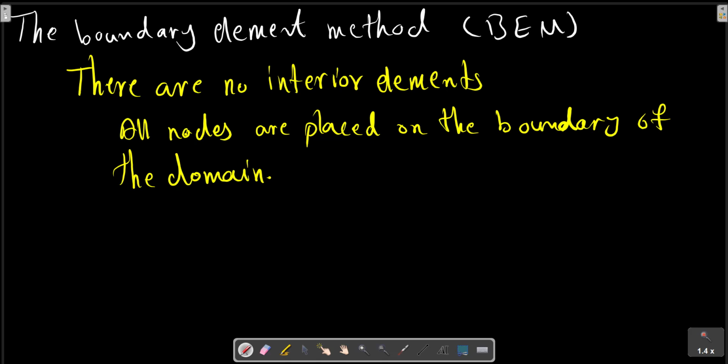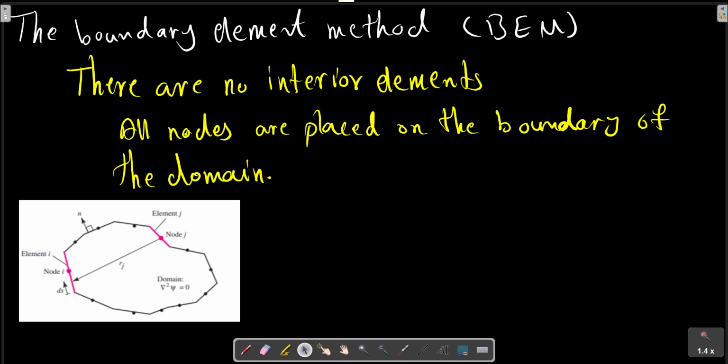The element is a small piece of boundary surrounding the node, as shown in this picture. All nodes are placed on the boundaries as shown here.